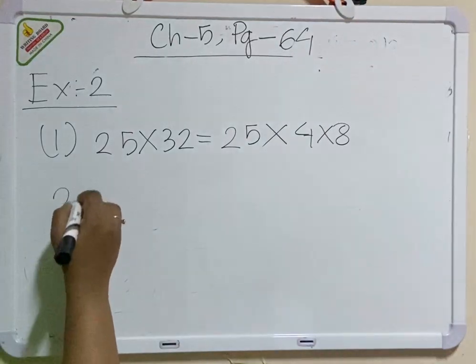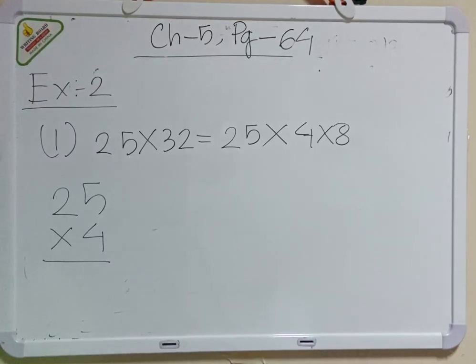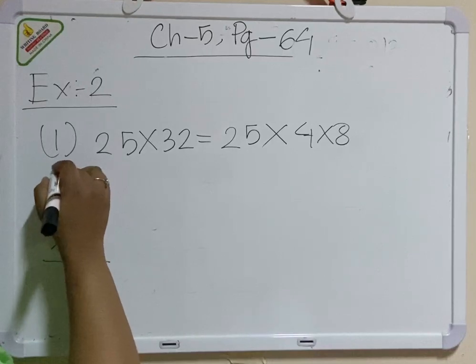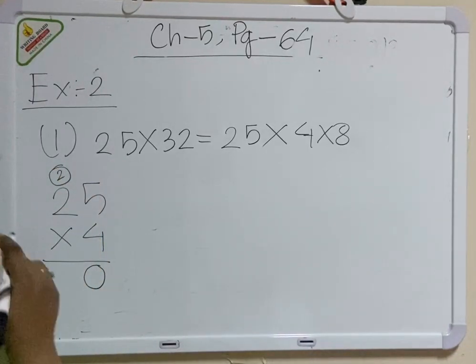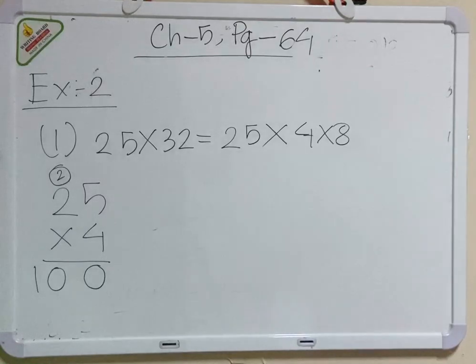I can show you here 25 into 4. You can memorize this one. 4 5s are 20, 4 2s are 8 plus 2, 10. That is 100.